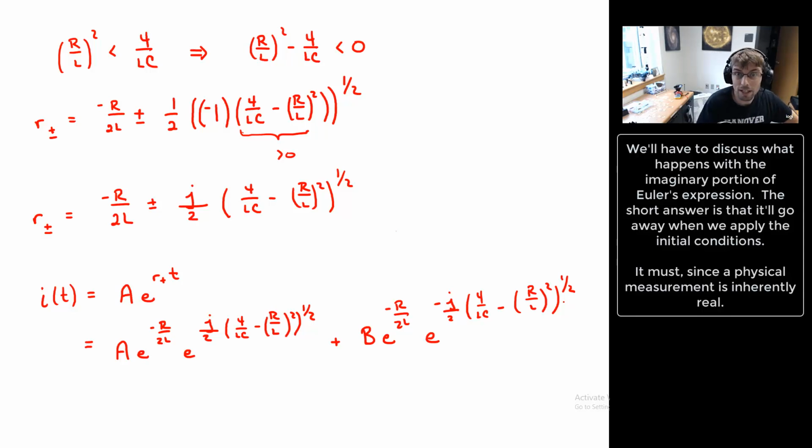So this situation where you end up with this oscillatory behavior because of the imaginary number coming into the expression is sometimes referred to as an underdamped circuit.